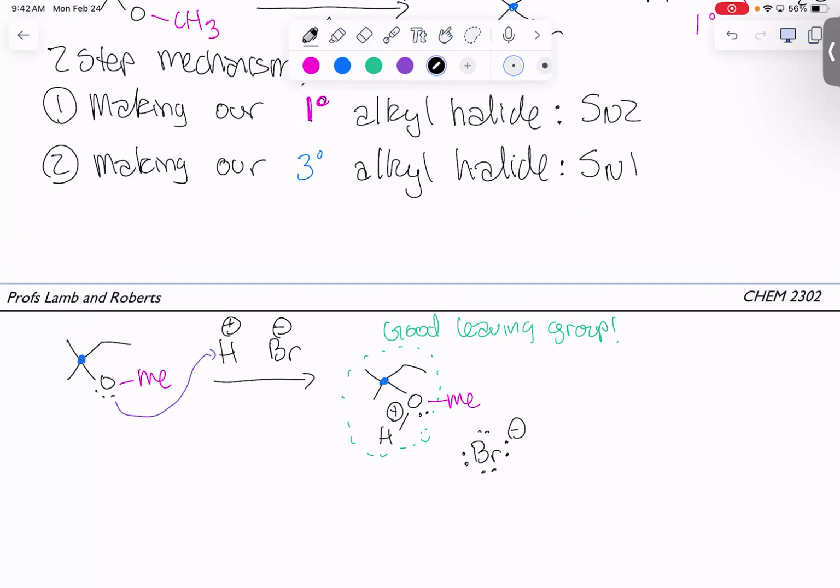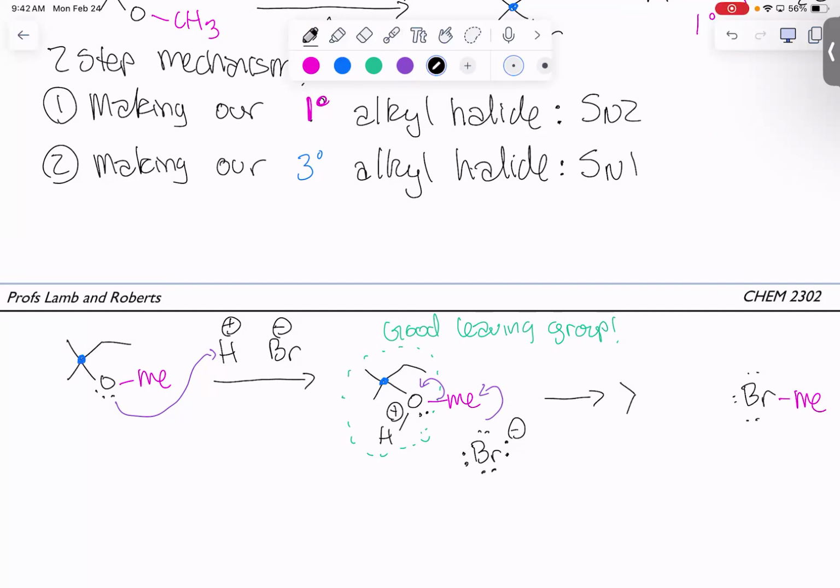So we have the opportunity to attack our methyl group. And then we break that O-methyl bond and give those electrons from our methyl oxygen bond back to oxygen to give it a neutral charge. And we've now made our first product in this reaction, right, that we're looking for, our methyl bromide.